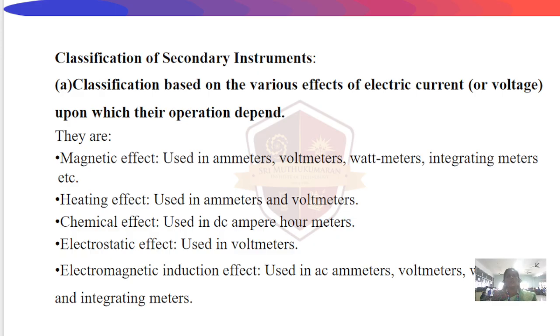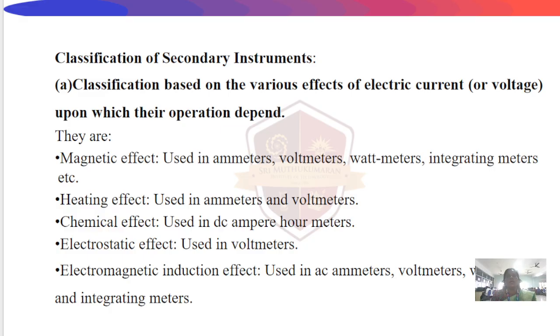Now, secondary instruments are further classified based on the effect of the electric current or voltage used in their operations. First, magnetic effect, used in ammeters, voltmeters, and wattmeters. Second, heating effect, used in certain types of ammeters and voltmeters.